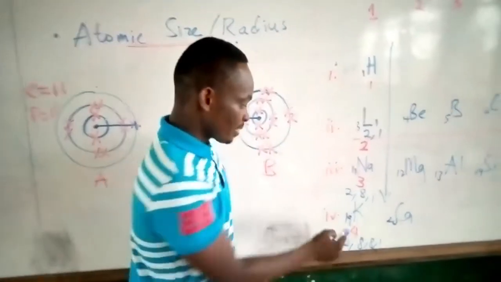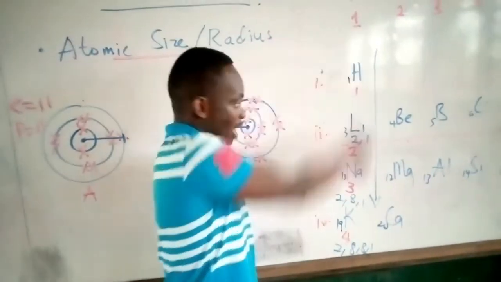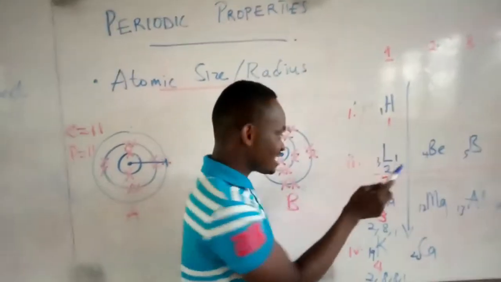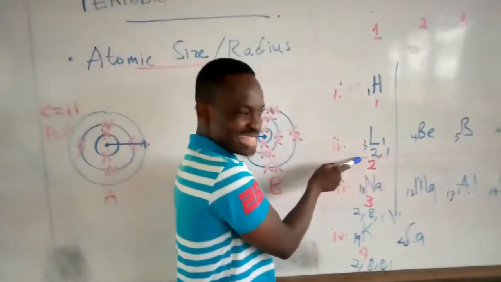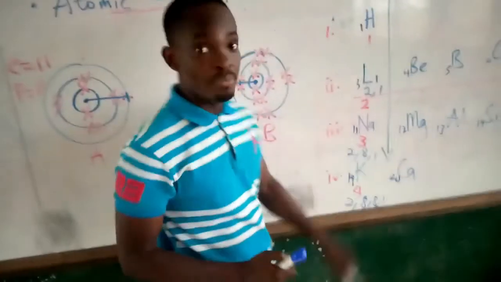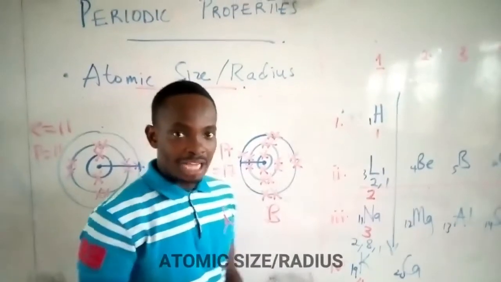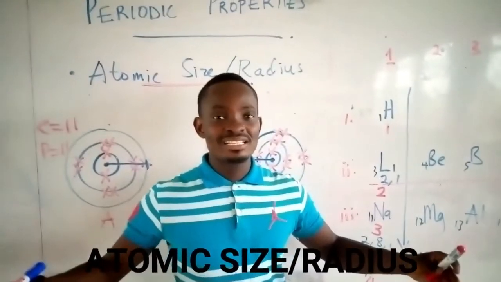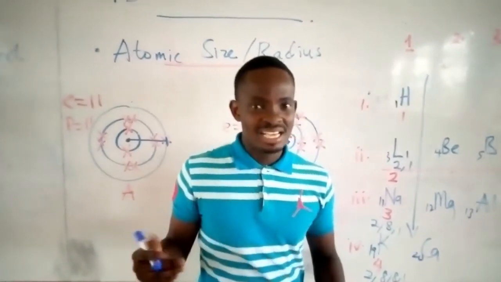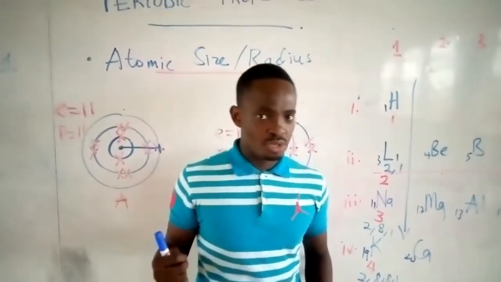So K is the largest in group 1, followed by Na, followed by Li and H. Lithium is smaller in size than sodium, because down the group, atomic size increases due to the decrease in nuclear attraction and the increase in the number of shells.